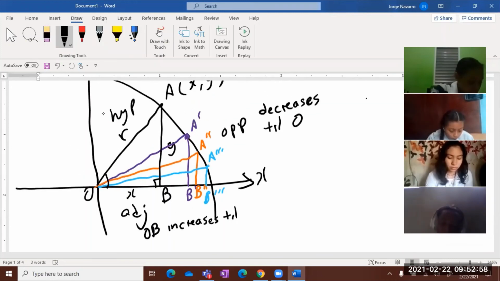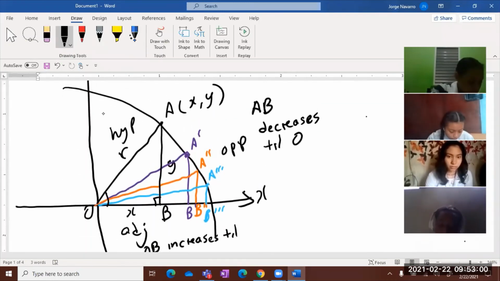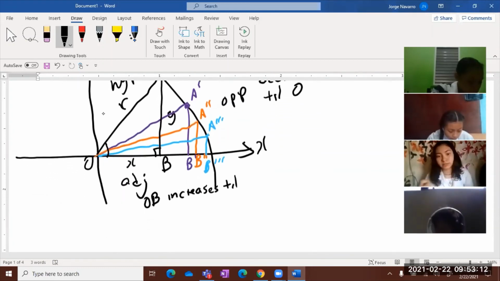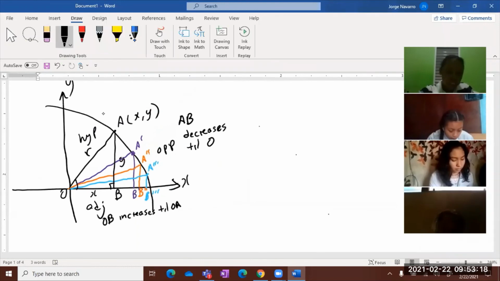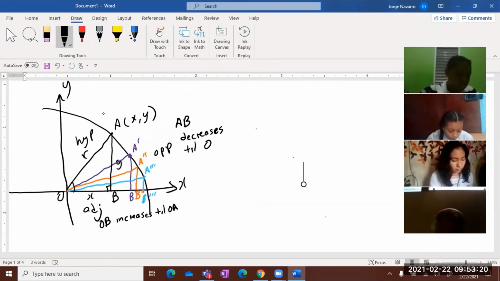What do you call the distance between the center of a circle and its circumference? Radius. So it increases until it becomes the radius, which of course we call OA, and then that is when OB will stop growing. Because remember, it can't go outside the circle.